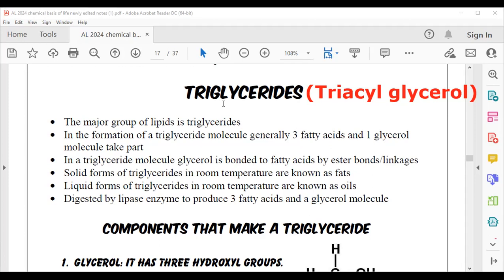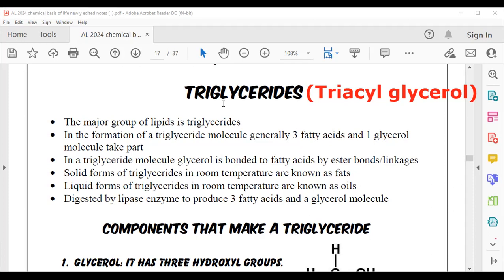In making triacylglycerol, we will hereafter study that one in full detail. It is the major group, and fat and oil come under that category.